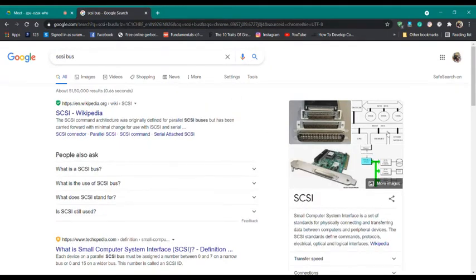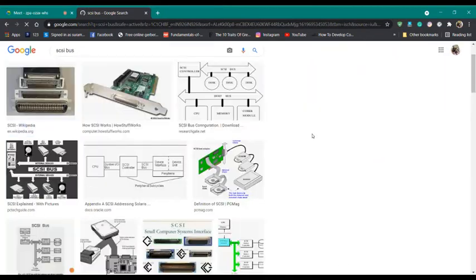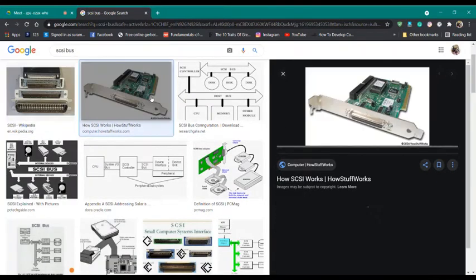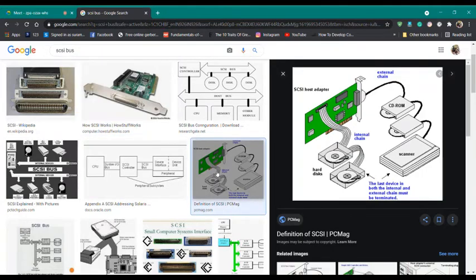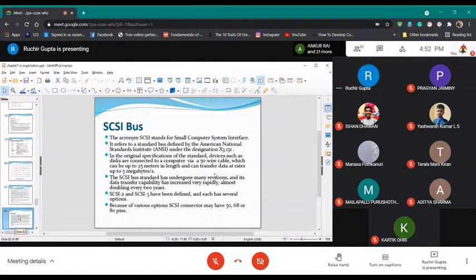The initial versions of SCSI transferred data at 5 Mbps, up to 25 meters of length. 50 pins were there initially. So 50 pins, 5 Mbps and 25 meters. That was the start.